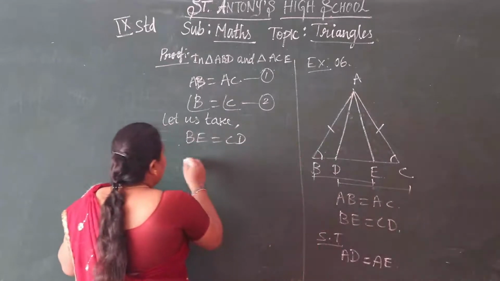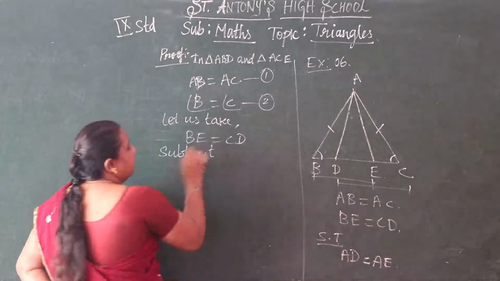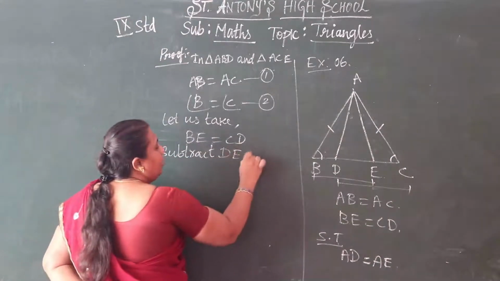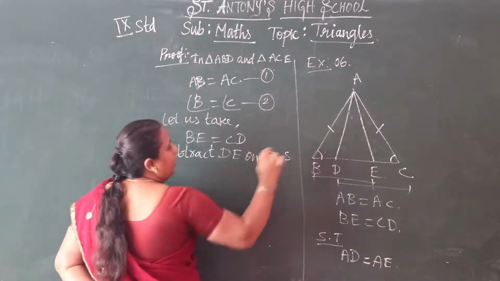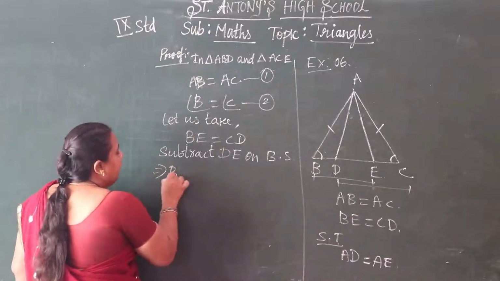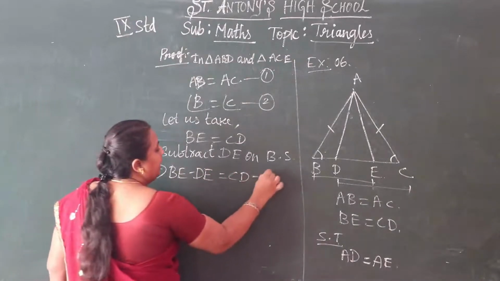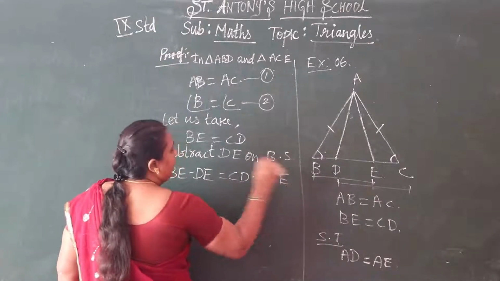So we subtract DE on both sides. BE minus DE is equal to CD minus DE.